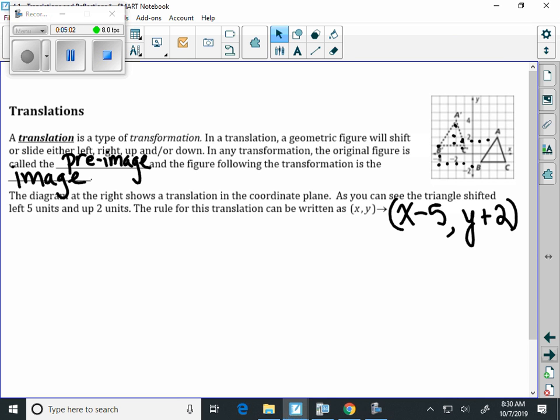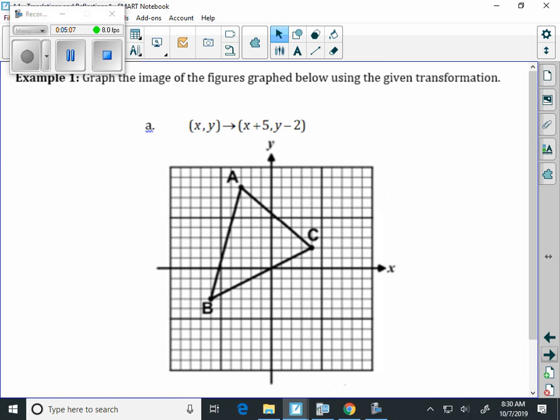And that's what we're looking at for our first quiz of this unit, which goes with our first example here. Graph the image of the figures graphed below using the given transformation. And what it says here is almost the same thing that we just wrote.